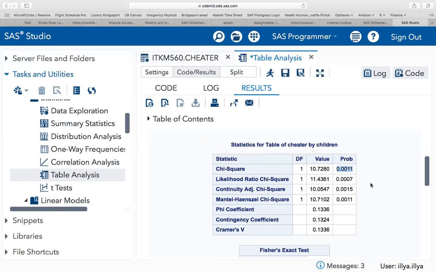So three things need to happen for causality. No, I'm serious. This is the world of research. There needs to be an association. We've established the association right here with this p-value. There needs to be a temporal difference. Children came first, okay? At least we suppose that in this data set.